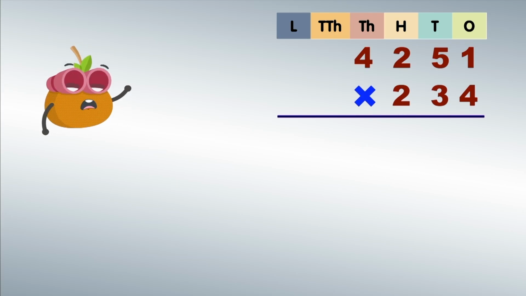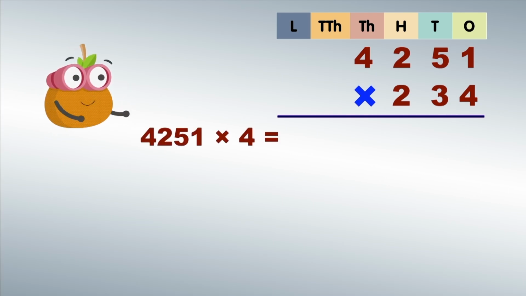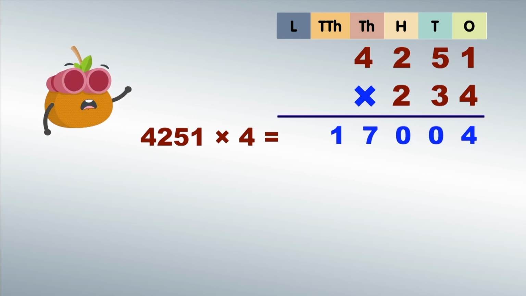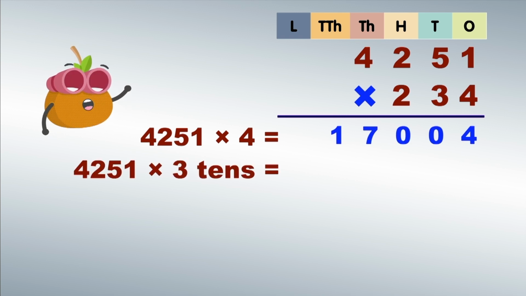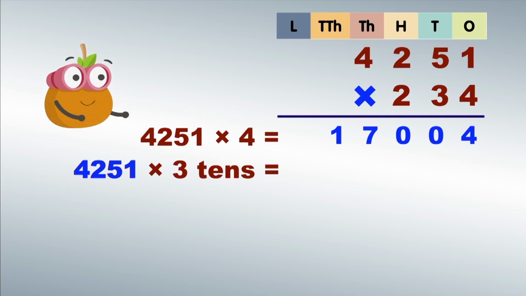As we know, multiplication always starts with ones. Step 1. Multiply 4251 by 4. So, multiplying 4251 by 4, the product will be 17,004. Step 2. Multiply 4251 by 3 tens.